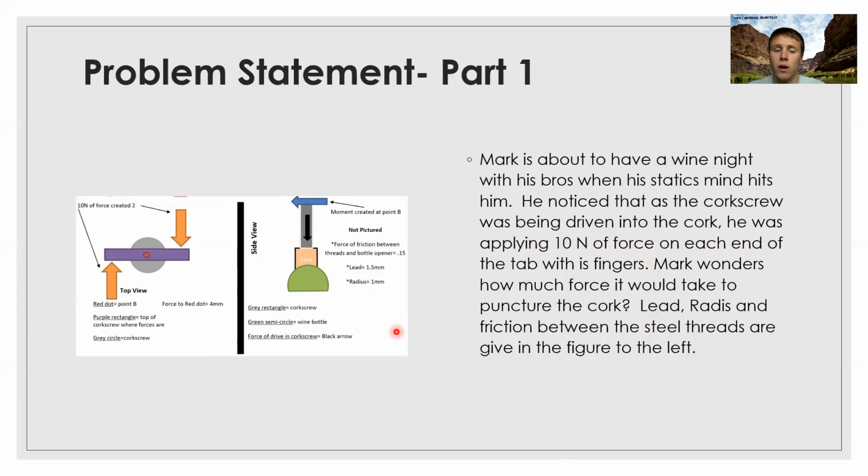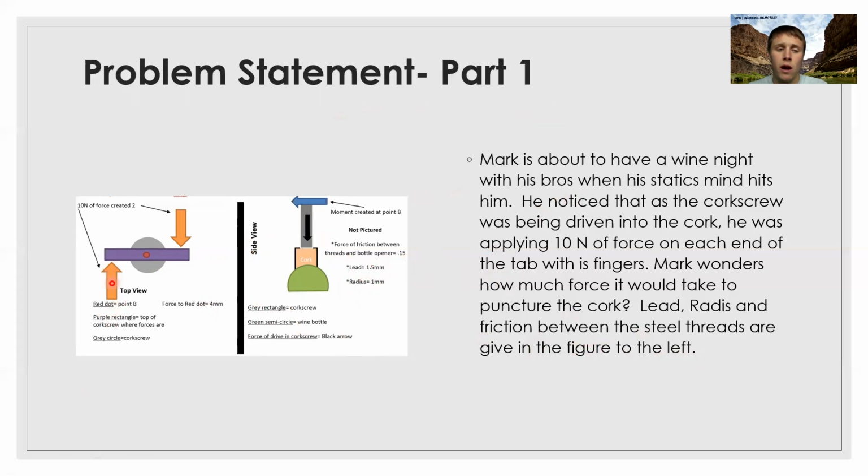The radius is measured from our red center dot of the corkscrew to the outside of the corkscrew. And the friction coefficient between the steel on steel threads of the wine opener is found to be 1.15. Those numbers will all be used in equations in the next slide.